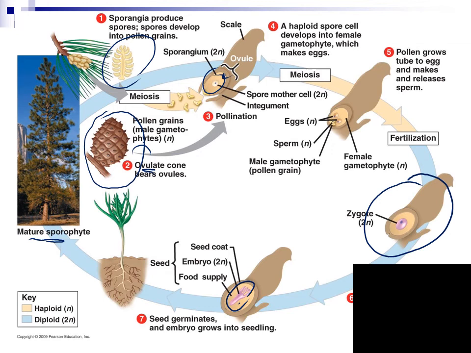The pollen lands here on this part that leads down into the egg. Fertilization happens. You make yourself a seed. You plant the seed, and you make a new generation of plant. And you can see in this pine that the pine seed has all those parts that we talked about when we were looking at a bean seed.